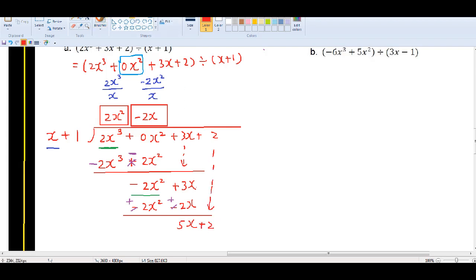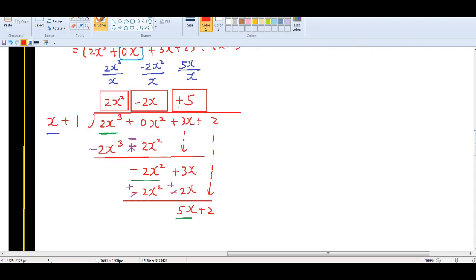So the third term: the leading term now is 5x. Use that 5x divided by x, you get plus 5. Use plus 5 to multiply the divisor: 5x plus 5. Then change the sign.